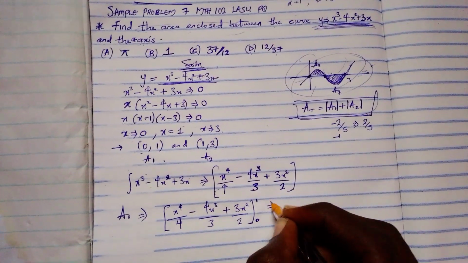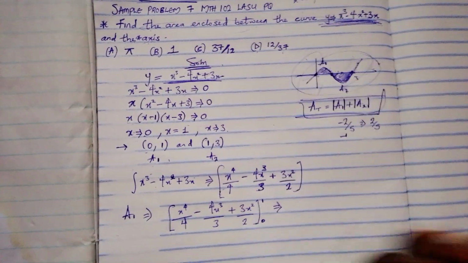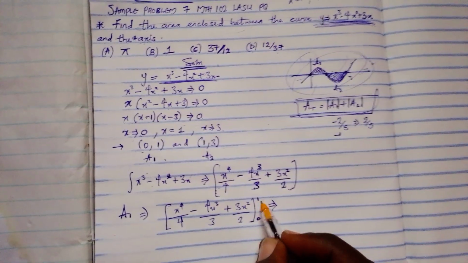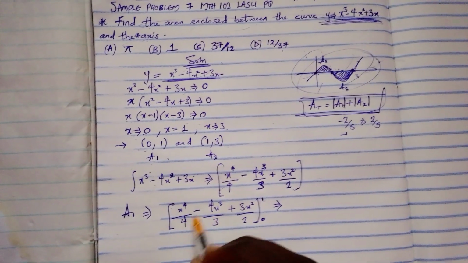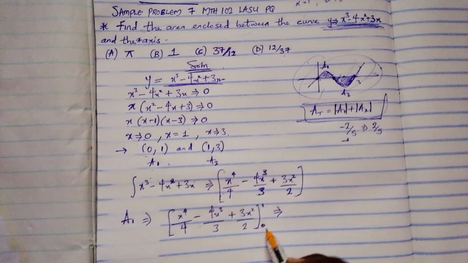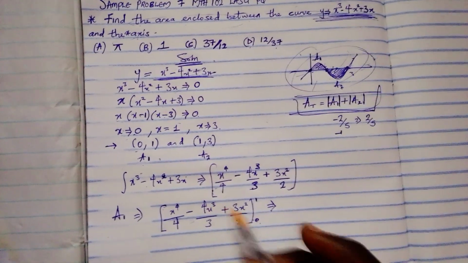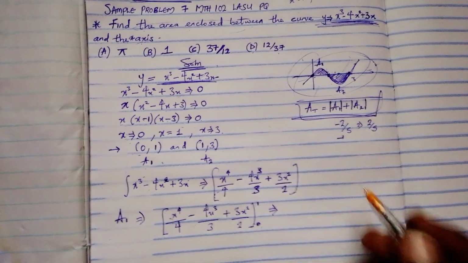We input the upper boundary first and then the lower boundary, then subtract the lower boundary from the upper boundary. But okay, let's move on.